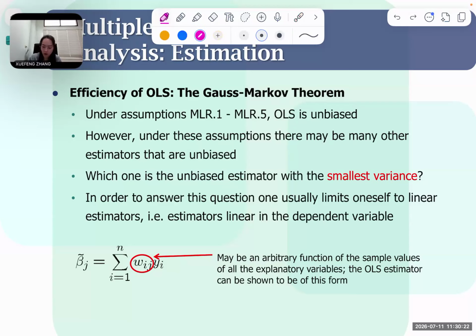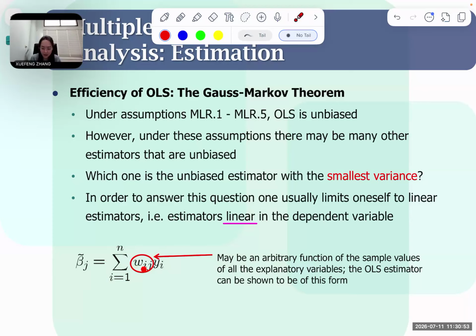So we only consider estimators that are a linear function of y. Look at the formula here: beta j tilde equals summation of w_ij times y_i. This just means take each y_i, multiply it by some weight w_ij, and add them up, because we have the summation here.